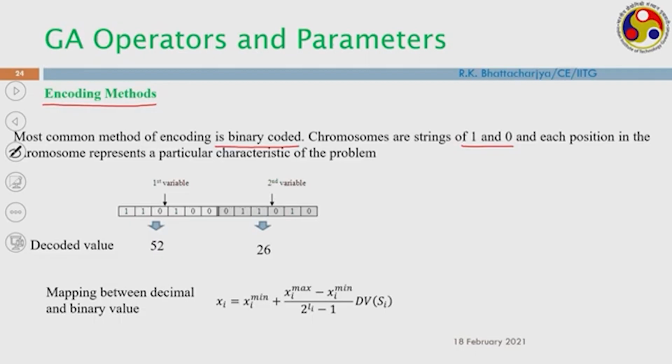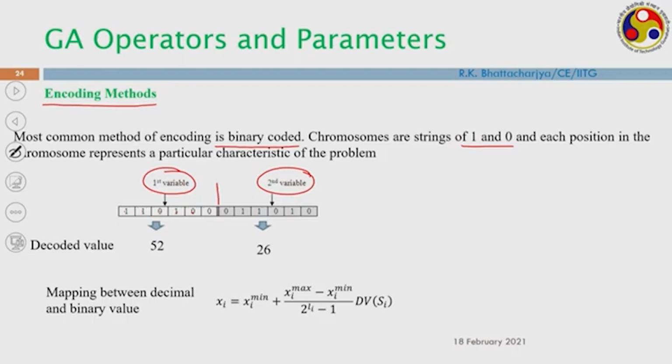I have shown here a string, and we have two variables, variable 1 and variable 2. Here it is a 6 bit string: 1, 2, 3, 4, 5, 6. The first 6 bits represent variable 1 and the next 6 bits represent variable 2.